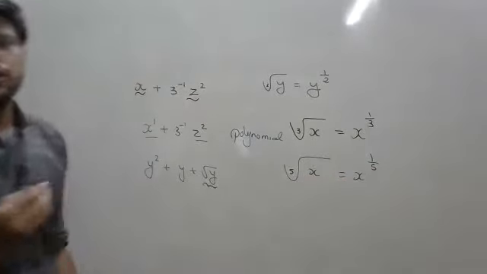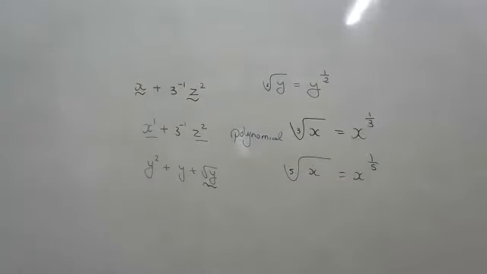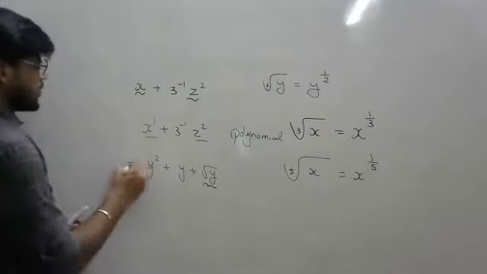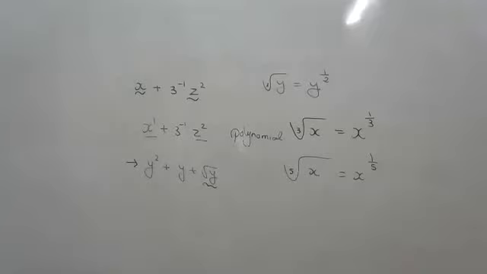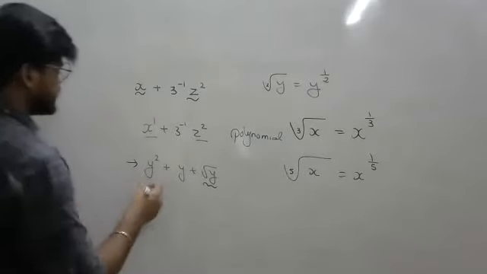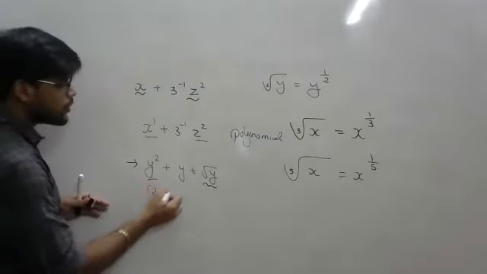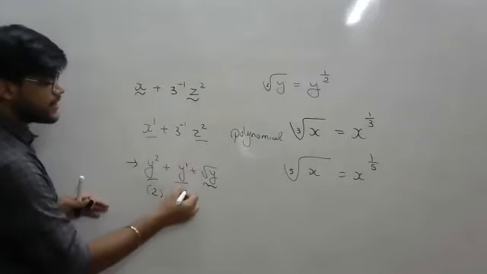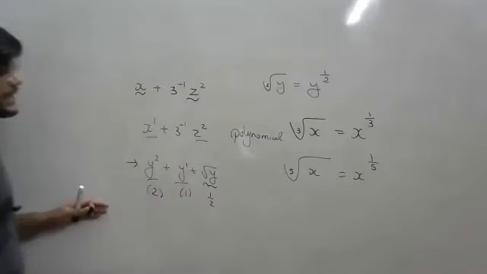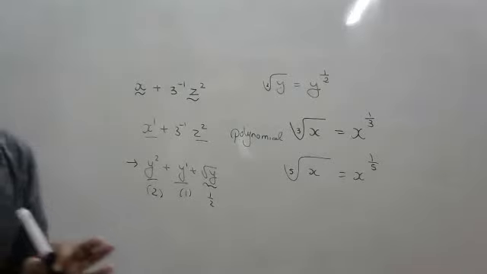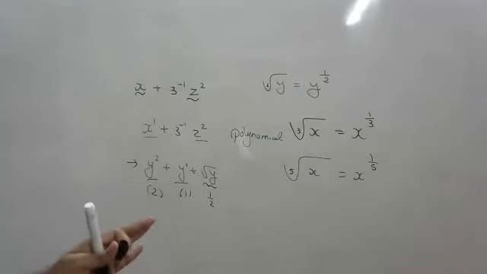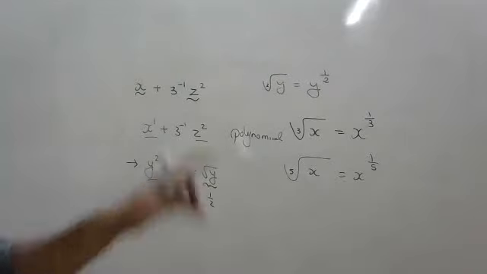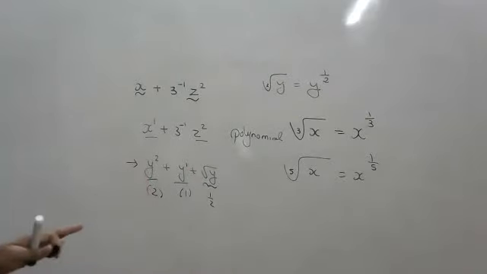Now coming back to the question, y square plus y plus root 1. The variable's power is 2, here it is 1, and here it is 1 by 2. Even if in one term the power of the variable is not a whole number, the entire expression will not be a polynomial.